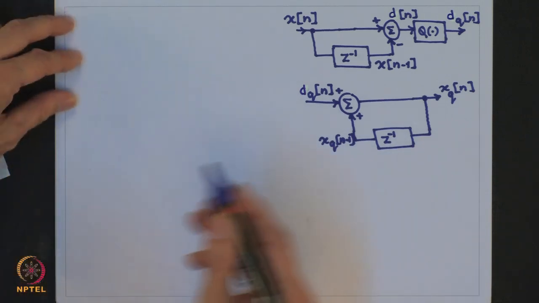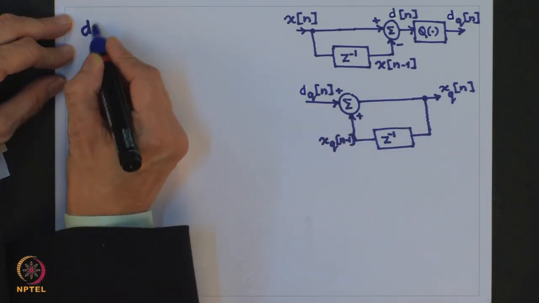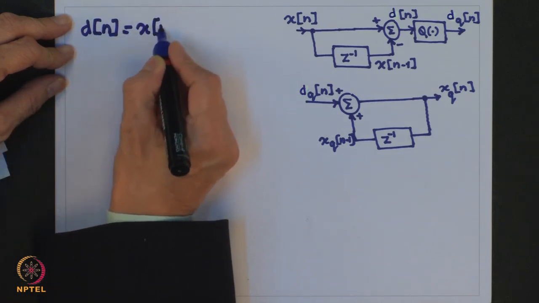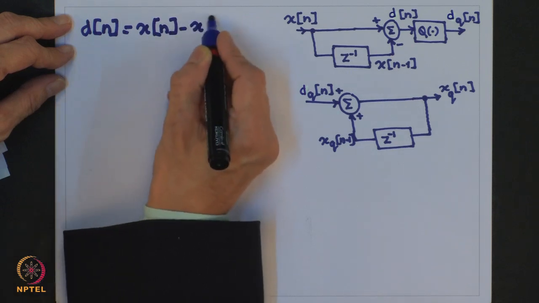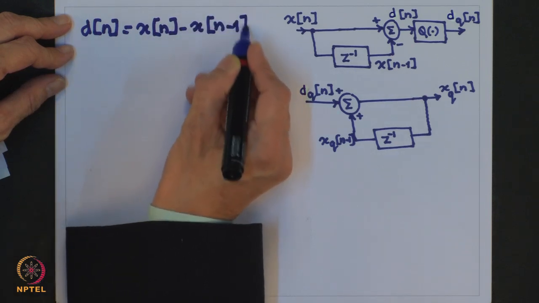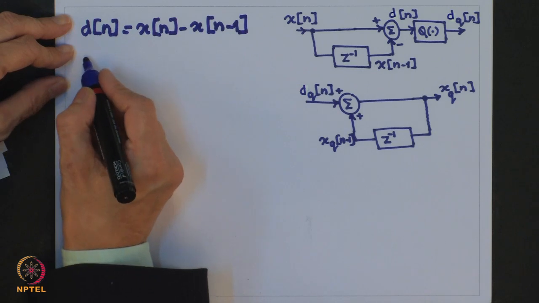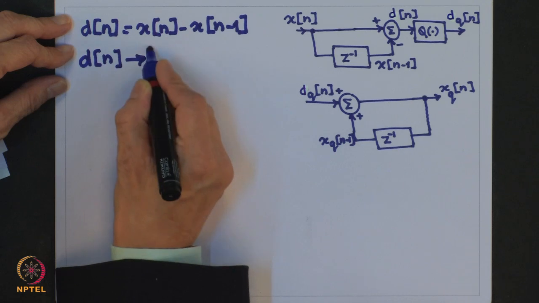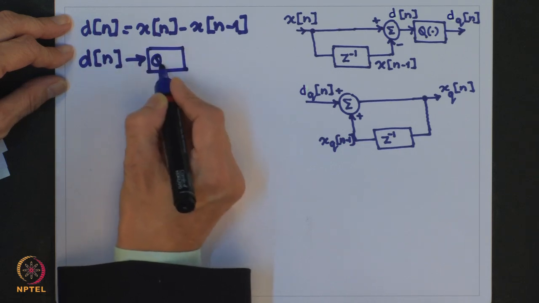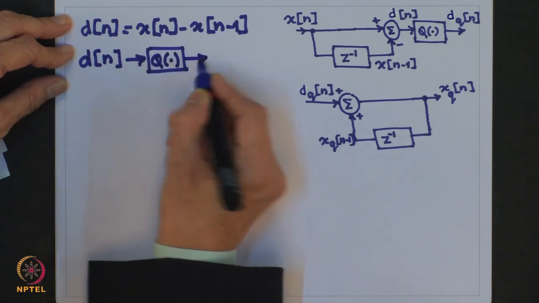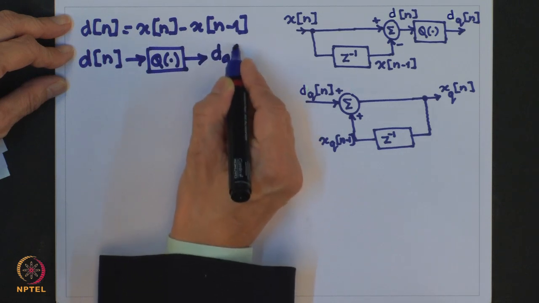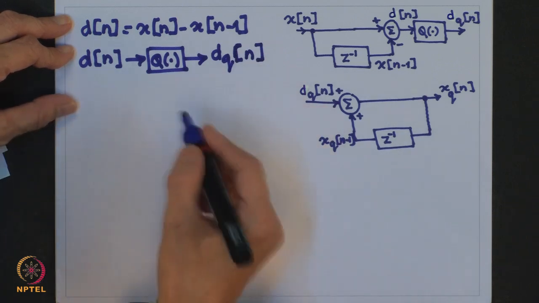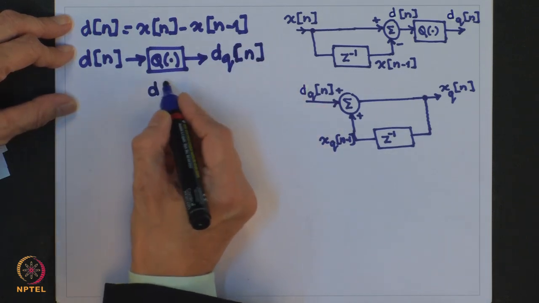So, what is happening is that I am getting my dn equal to xn minus x of n minus 1, and this dn is passing through a quantizer to give me dqn, and I model this process of quantization as additive noise.